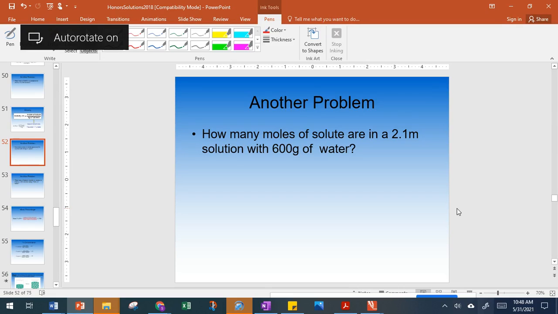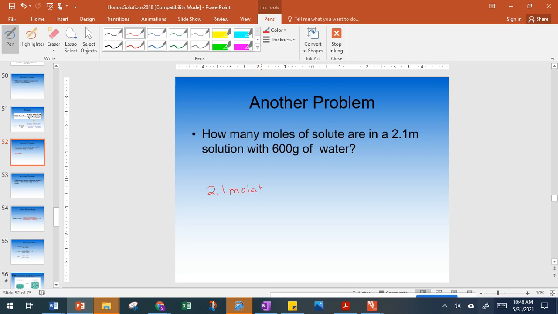How many moles of solute are in 600 grams of water? Here we have 2.1, and this is not molarity, this is molality, 2.1 molal. That's how that's written.